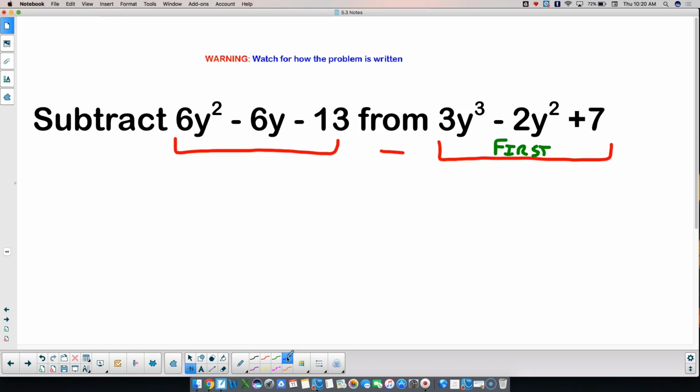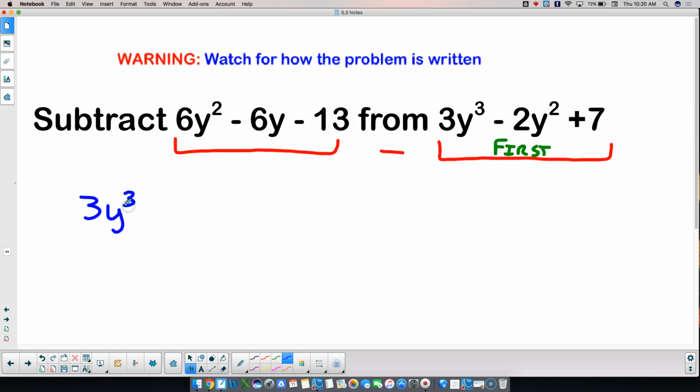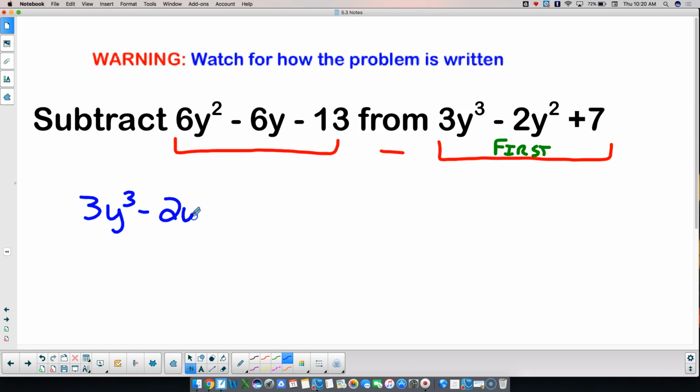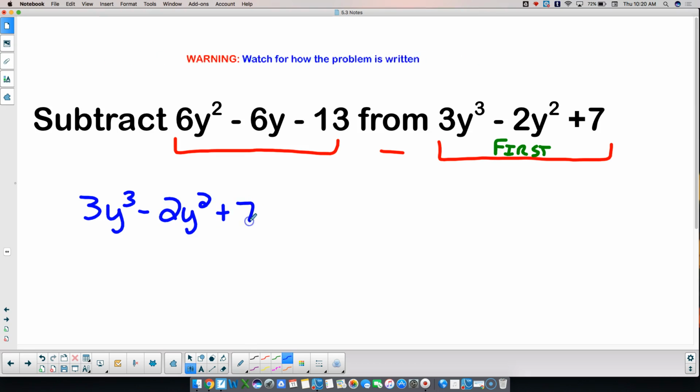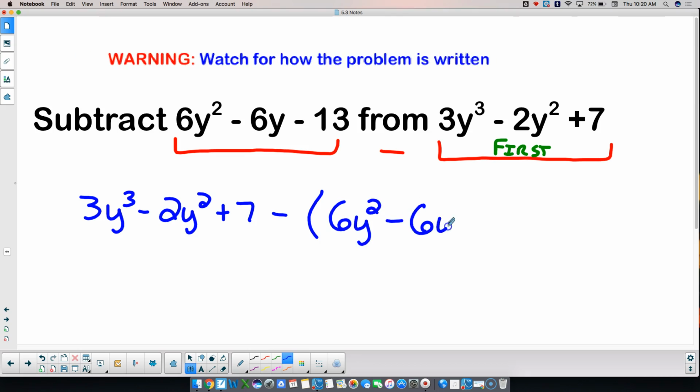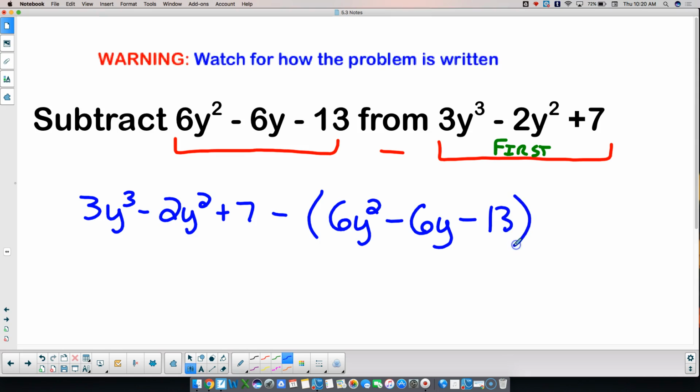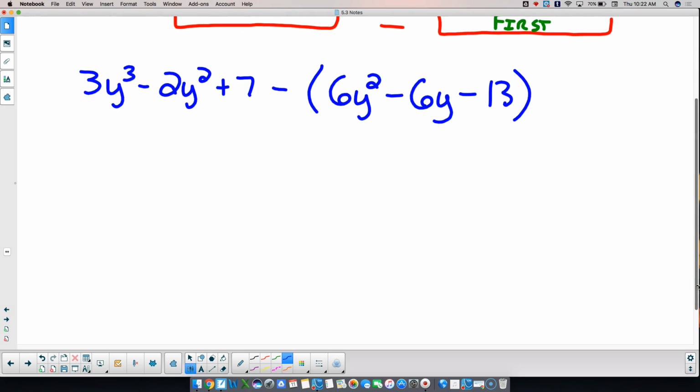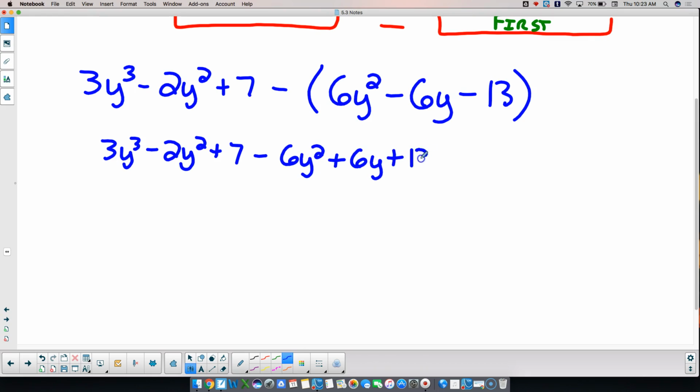So this problem is actually 3y cubed minus 2y squared plus 7 minus 6y squared minus 6y minus 13. Do it. So this is 3y cubed minus 2y squared plus 7 minus 6y squared plus 6y plus 13.